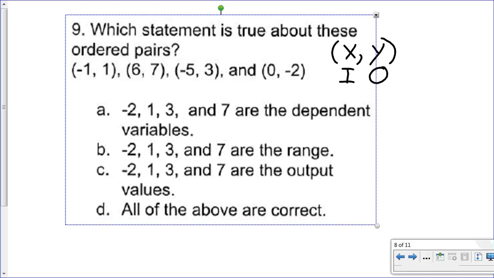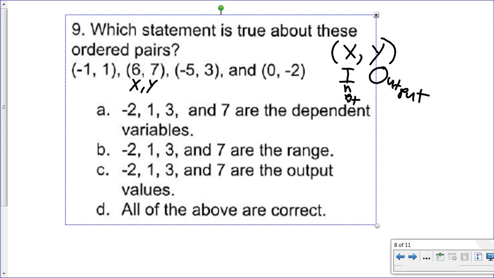Okay? So input, output. That is the way that they come. Every time you see an ordered pair, it's X, Y. That's it. So some things we already know.